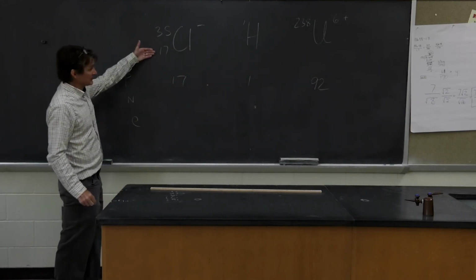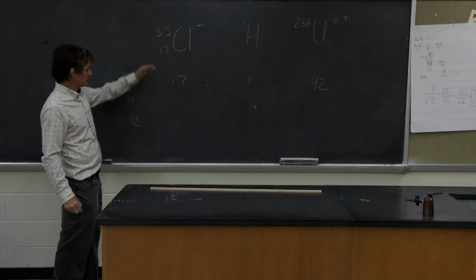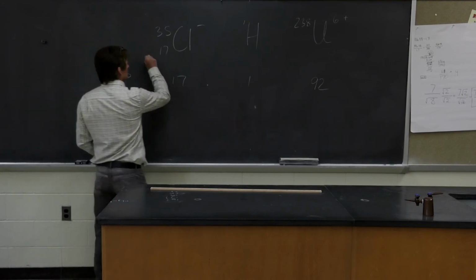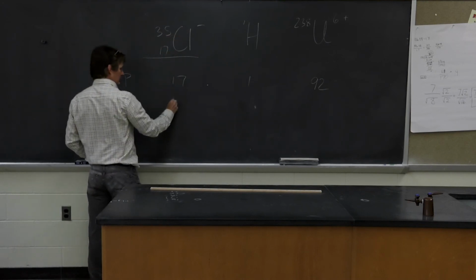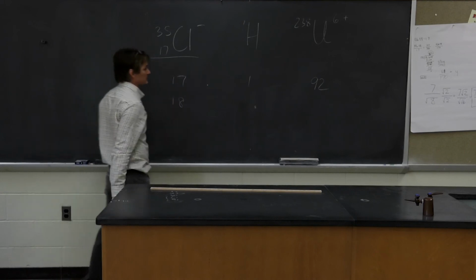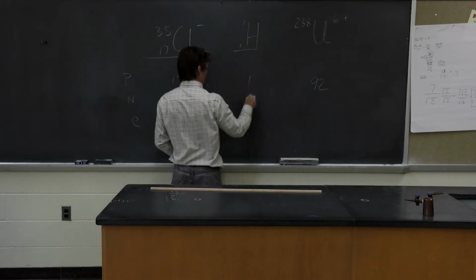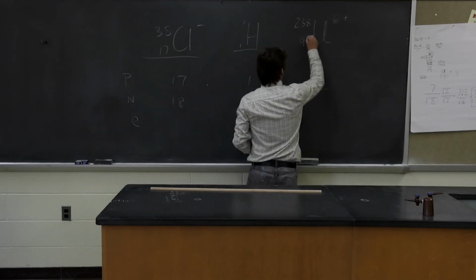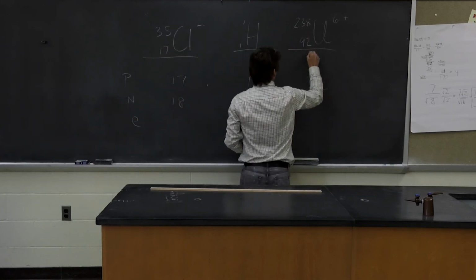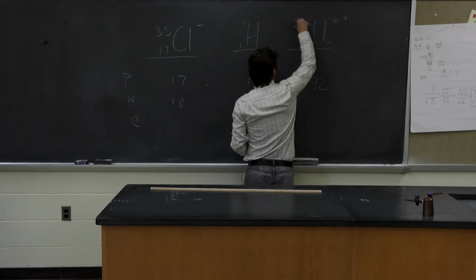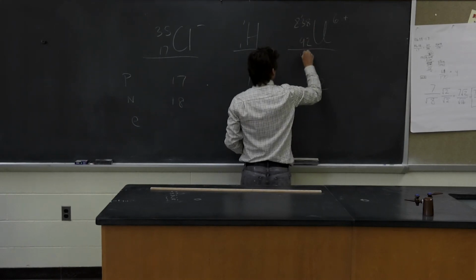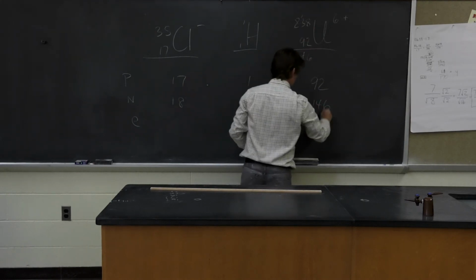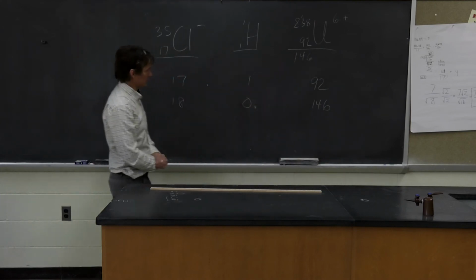This number minus this number is going to give you your number of neutrons. 35 minus 17, that's going to be 18 neutrons here. 1 minus 1, looks like this doesn't have any neutrons. And 238 minus 92 gives 146 neutrons in that particular particle.